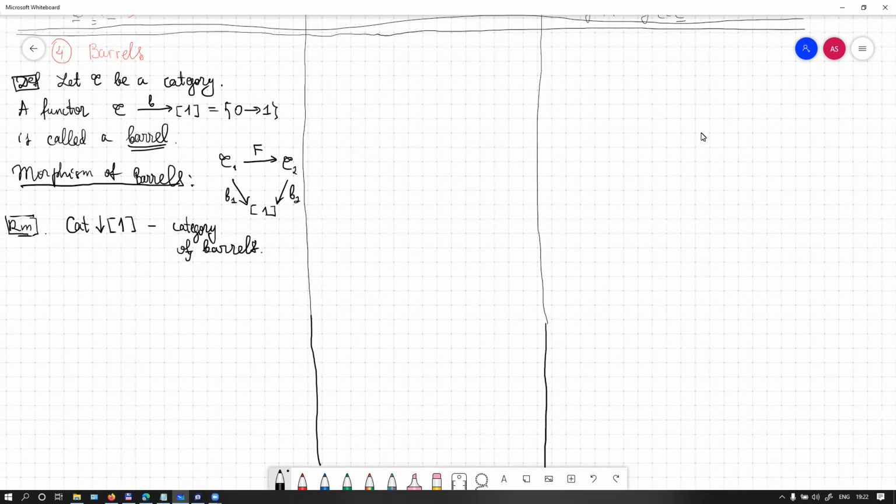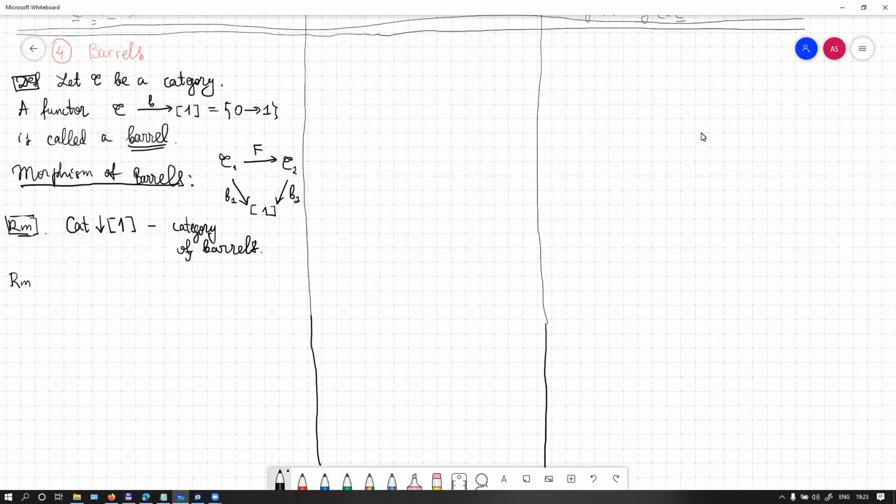Of course, of small barrels, because we have small domains, but I'm not usually thinking too much about size issues. So we have a category of barrels. It's a comma category. Here is a fixed category, here the category changes, and morphisms of domains are morphisms of barrels.